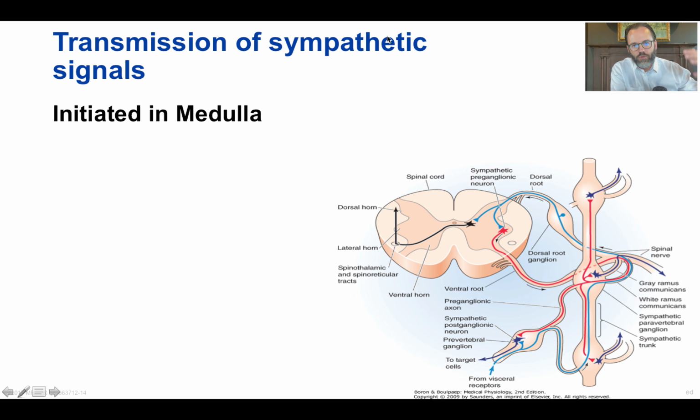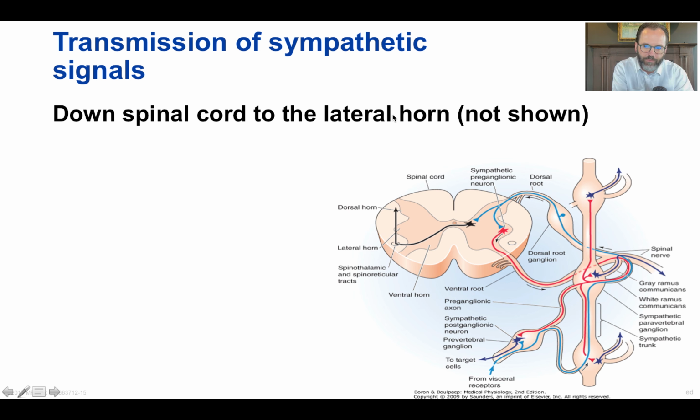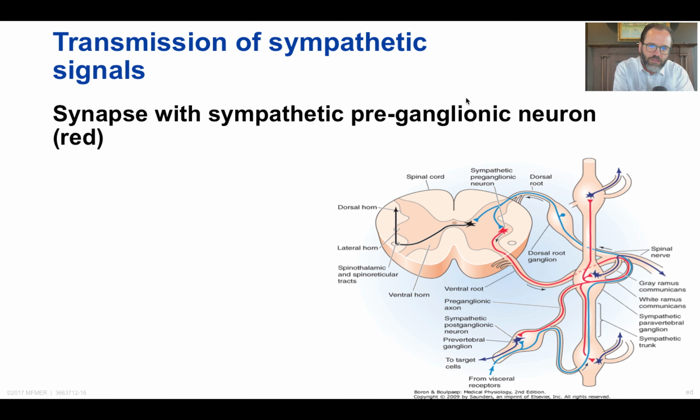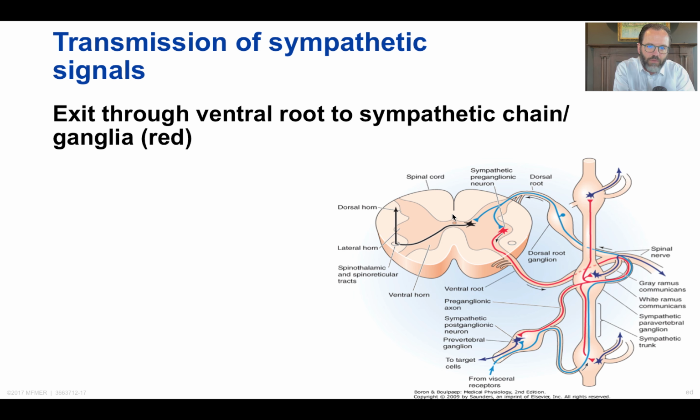So when we walk through this in a bit more detail, transmission of sympathetic signals is initiated in the medulla. They go down the spinal cord to the lateral horn, which is not depicted here, but then they synapse with the sympathetic preganglionic neuron, shown here in red, and those exit through the ventral root to the sympathetic chain.